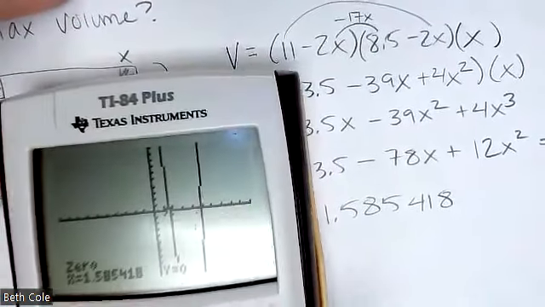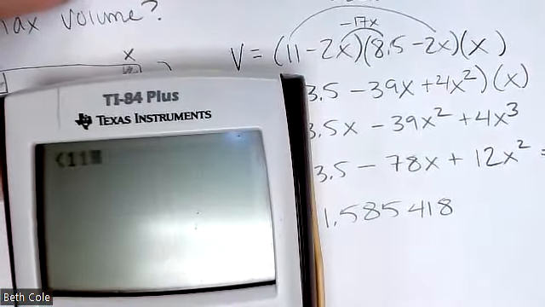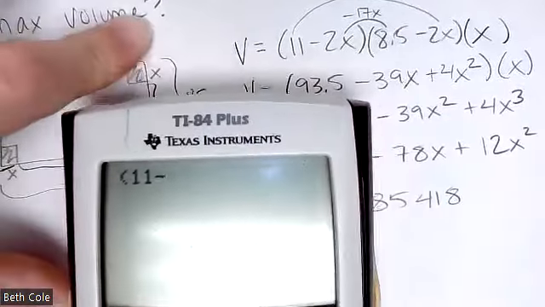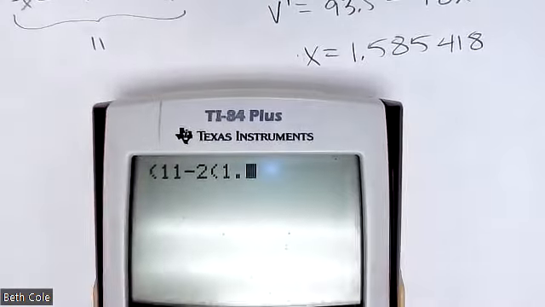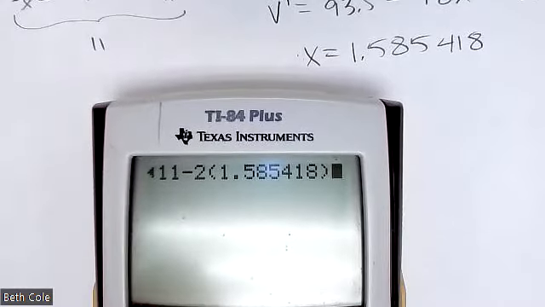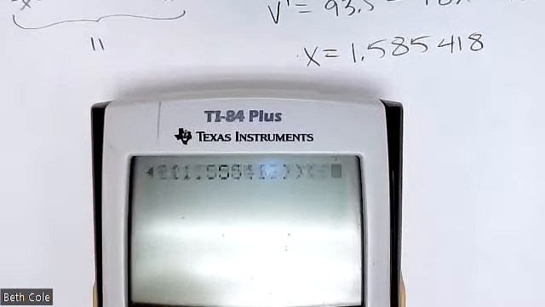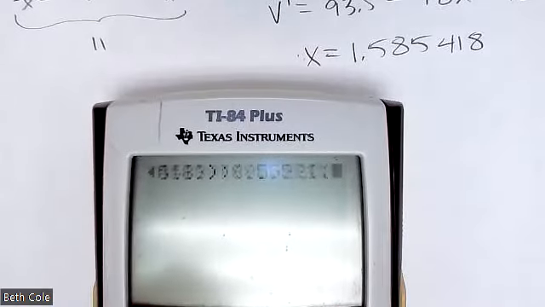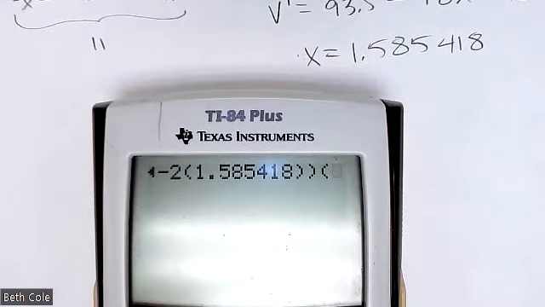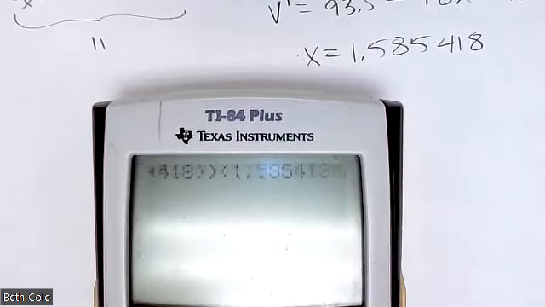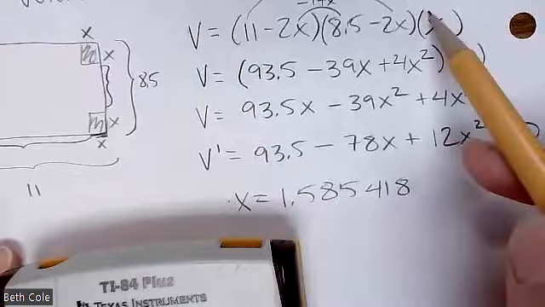Okay, so 11 minus 2 times 1.585418. And then 8.5 minus 2 times all of that. And then times that number. Because at the end, it was just X. You see what I'm saying?